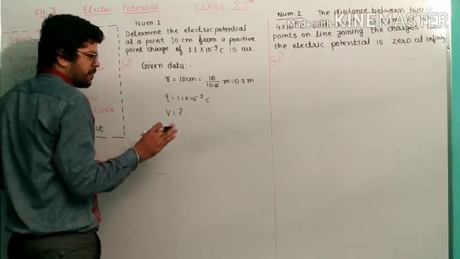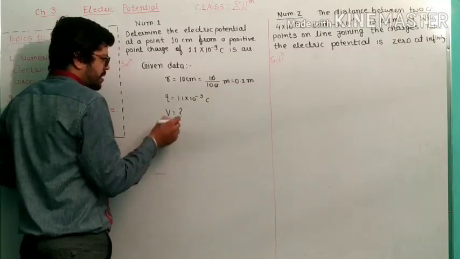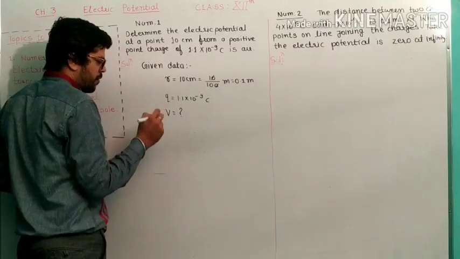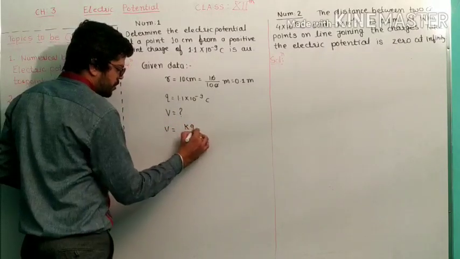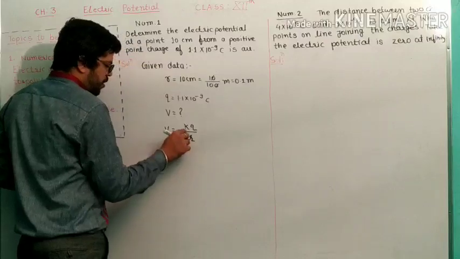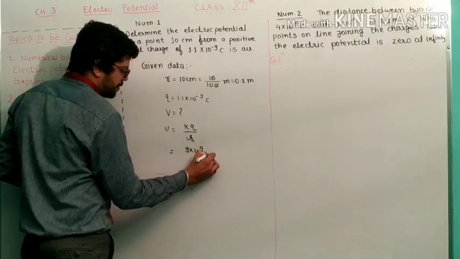This is very easy and relevant to the Rajasthan board and CBSE. This type of question generally comes for 1 mark. The formula we are going to use is V is equal to KQ upon R, where K is a constant with value 9 into 10 to the power 9.